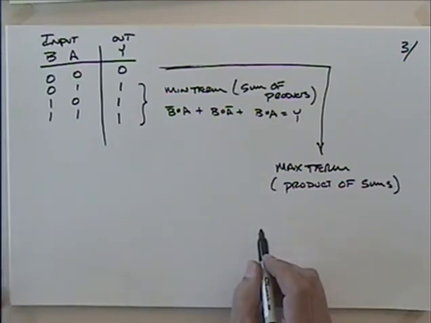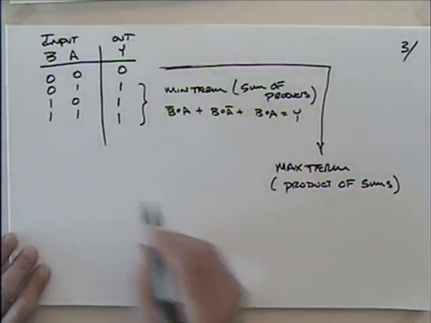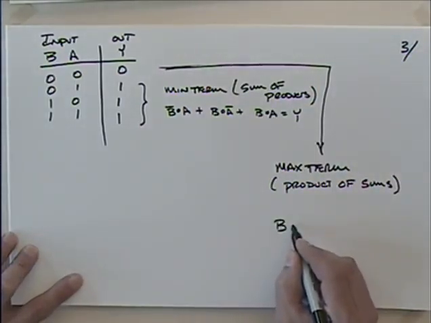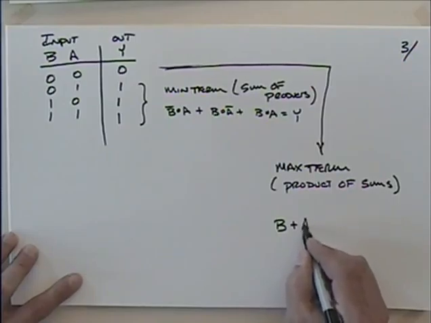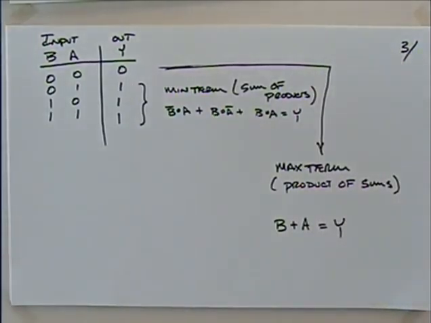We're going to look at the zeros, and because that's a 0 and that's a 0, I can just say that I have B or A is equal to Y. Now if I had multiple terms, I would AND them together. So in this case, writing the max term expression is quite a bit shorter than the min term expression.